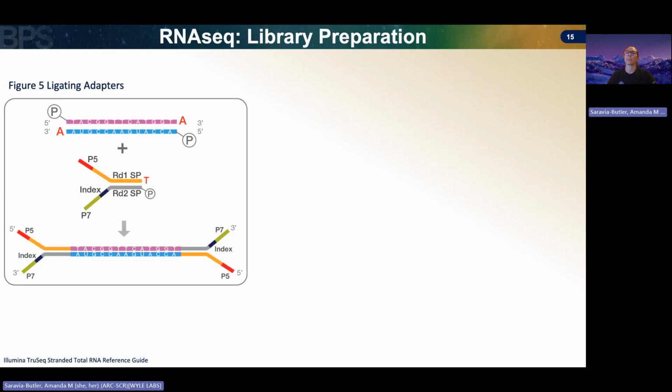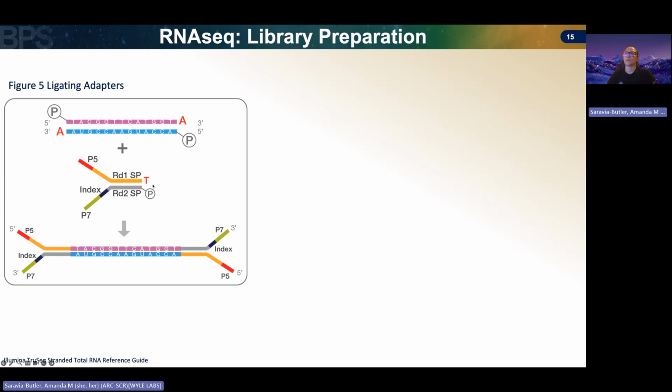As a reminder, the sequencing priming regions are designed to be able to latch onto the primer to perform the sequencing in our sequencing instrument. Our indexes are so that way we can identify which sample each sequence came from. And our P5 and our P7 regions are going to allow us to attach onto the flow cell.